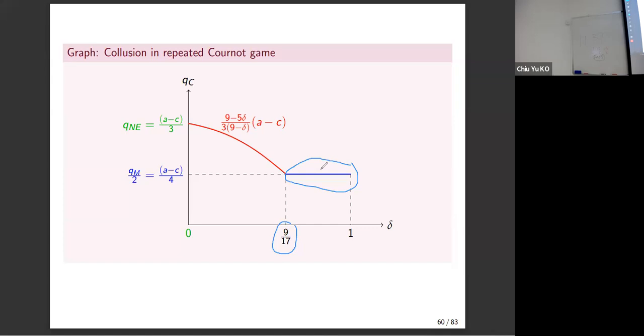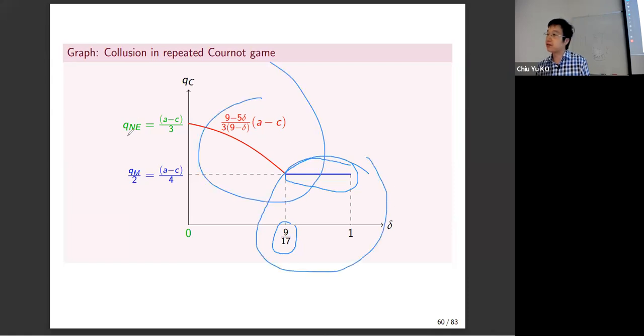The formal proof tells you that the more patient you are, the more collusion you can get. So probably the question is, why can't I have this efficient outcome? Because you're not patient enough. That's why a lot of the time society helps you to increase patience.